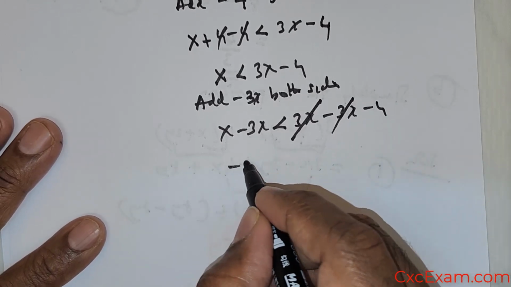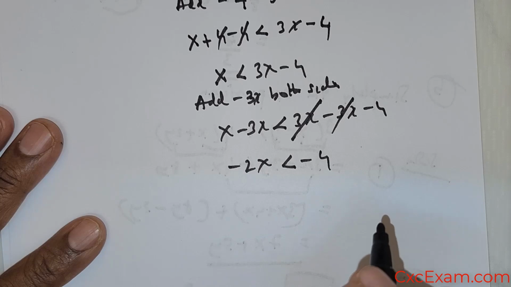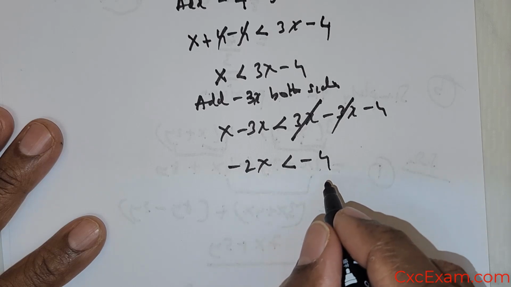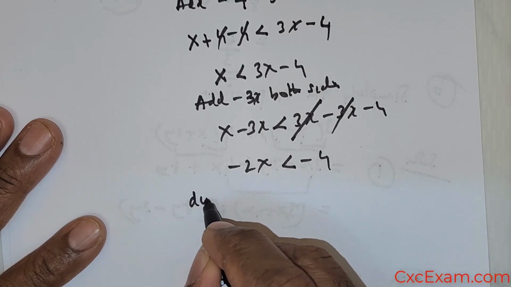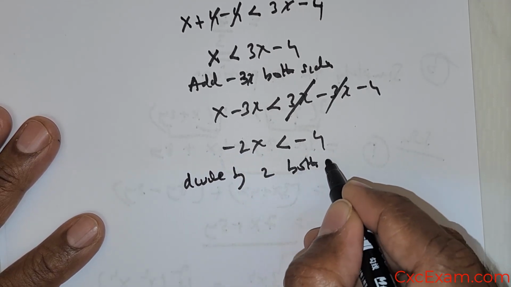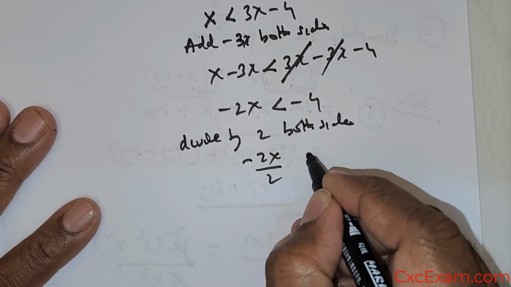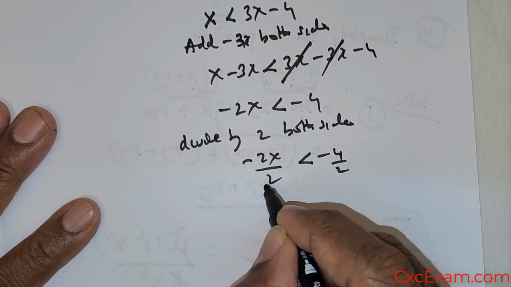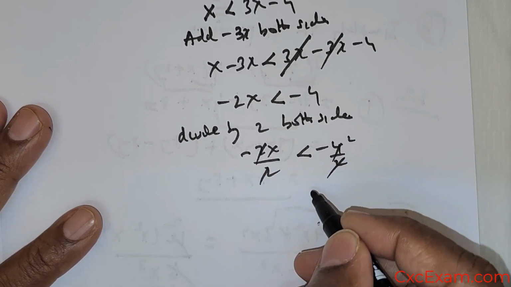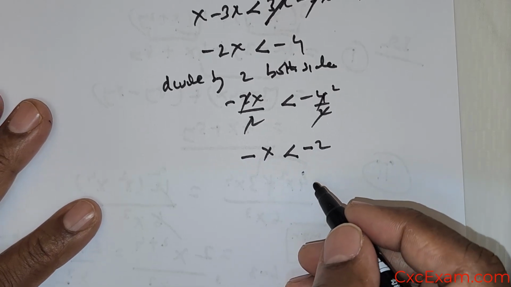Positive negative goes off, you get negative 2x less than negative 4. Now I would like to divide by 2 on both sides. So this is going to be negative 2x divided by 2 less than negative 4 divided by 2. 2 gets cancelled, 2 divides here 2 times. So negative x less than negative 2.